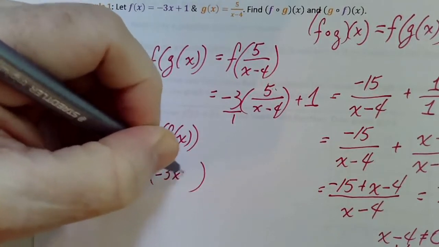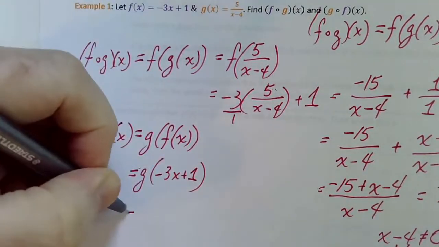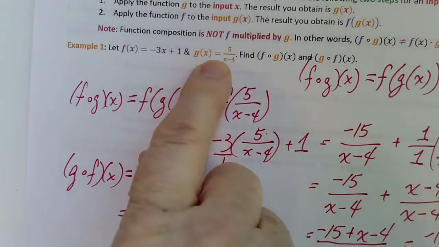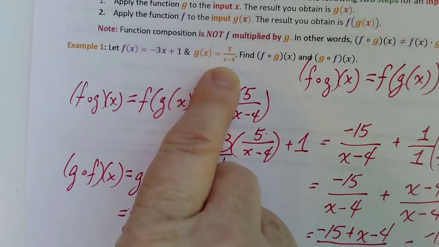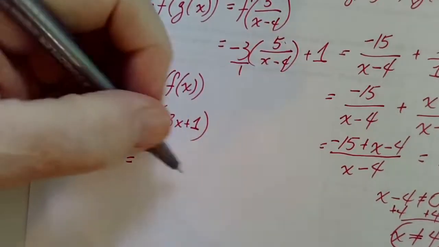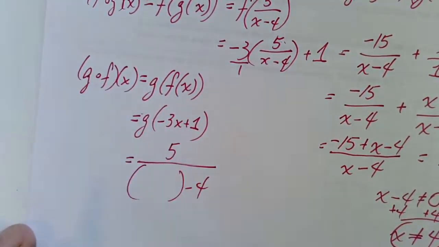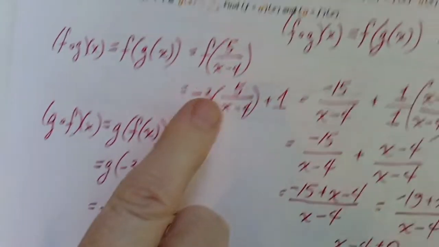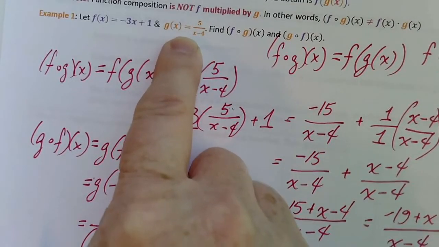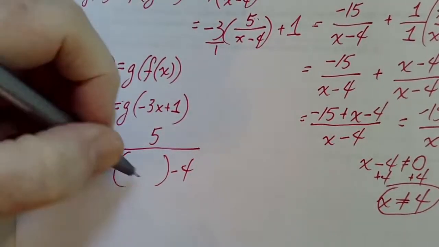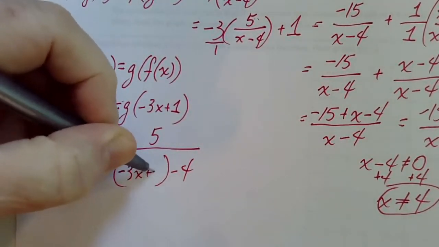Negative 3x plus 1. And now let's write the function for g. G's formula is 5 over x minus 4. And again, instead of putting x here, I'm going to put everything that is in these parentheses. So negative 3x plus 1.